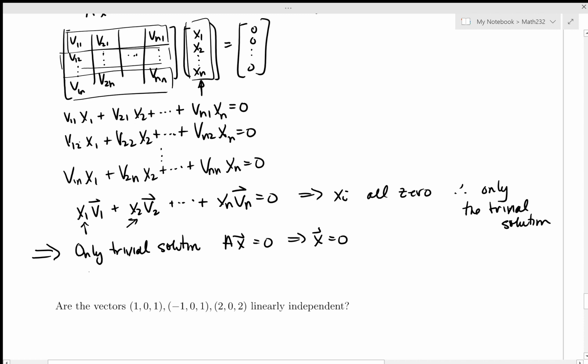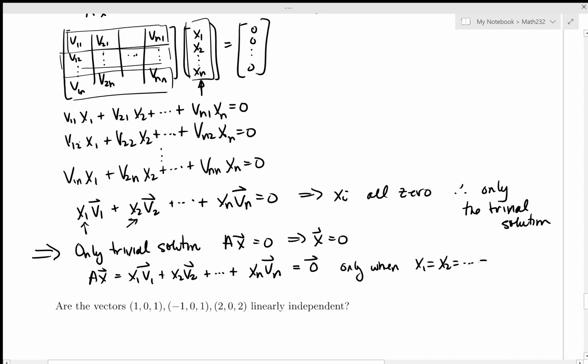And Ax, as we've just shown above, looks like x1 v1 plus x2 v2 the whole way to xn vn, and that is equal to 0. We know that it's equal to 0 only when x1 equals x2, etc., equals xn equals 0, because only the trivial solution exists. That's our assumption going this way.